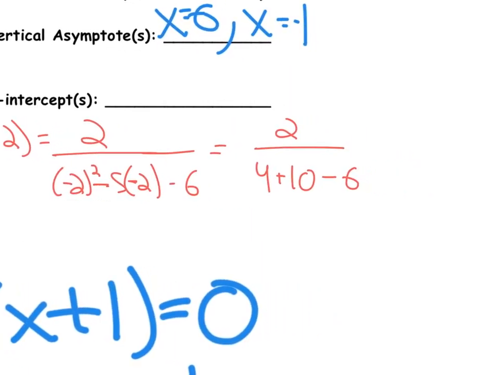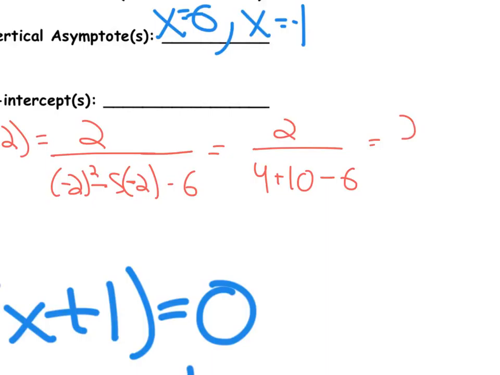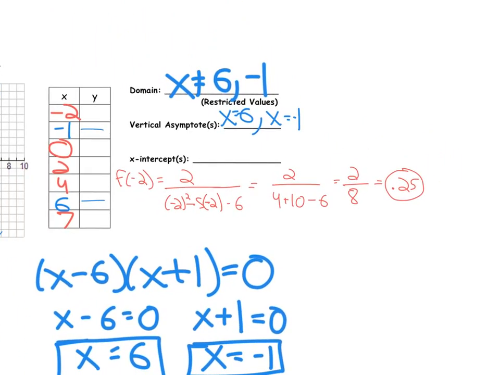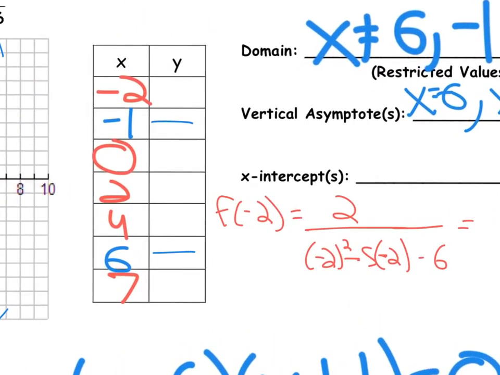And let's see, this is going to be 2 divided by 4 plus 10 is 14. Minus 6 gives us 8. Okay, and 2 over 8, hopefully you recognize, is 1/4. And so this one, actually, no rounding needed. This is just 0.25. Okay, so let's go ahead and plug that into our table. So we get 0.25.